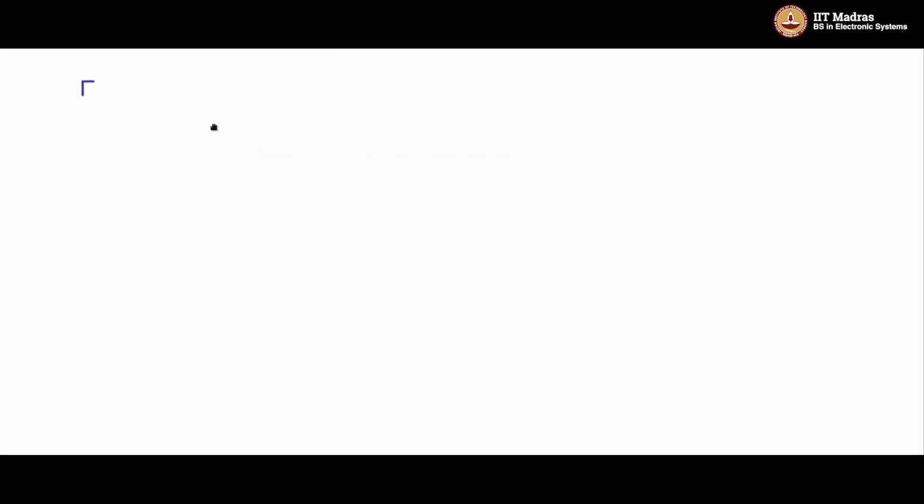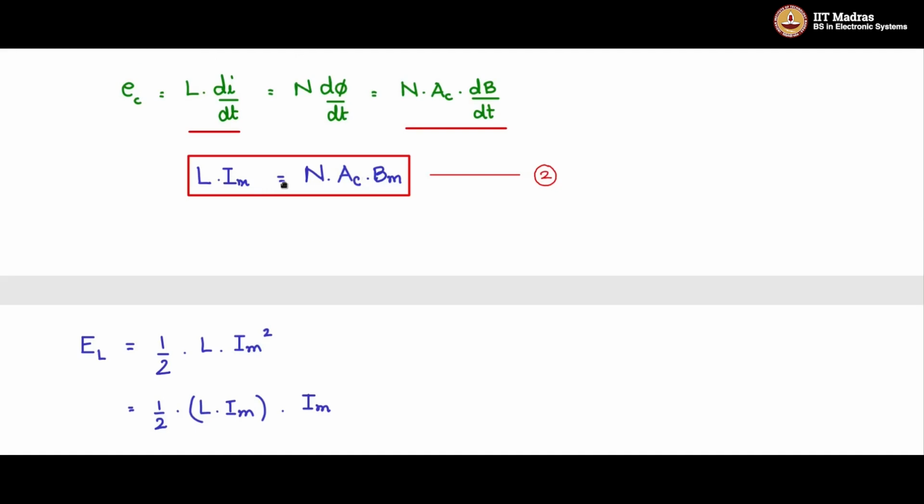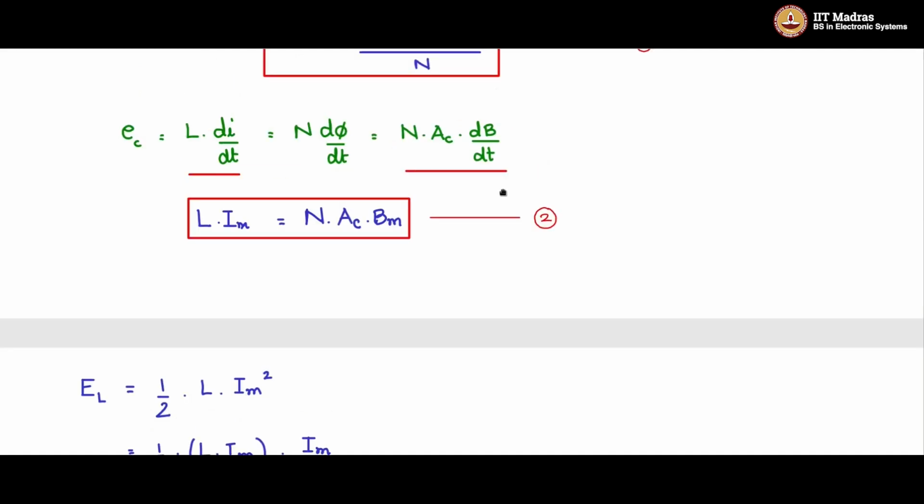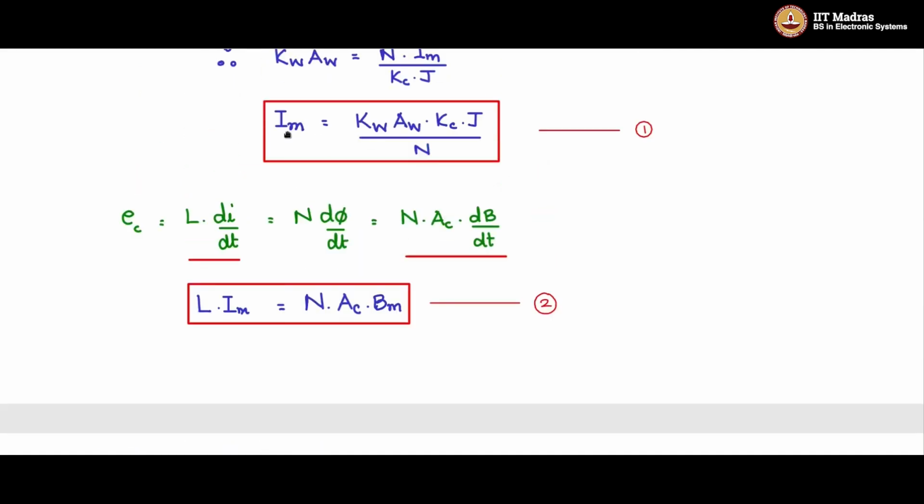Now let us evaluate the energy stored in the inductor. What is the maximum energy stored in the inductor? Half L Im square, max current square. So I can write it as half L Im times Im. We have developed relations for L Im, which is related to Ac, and for Im, which is related to Aw.